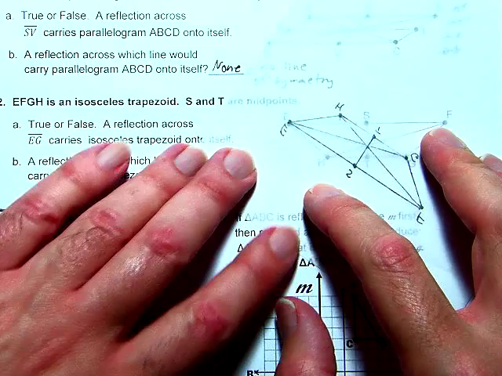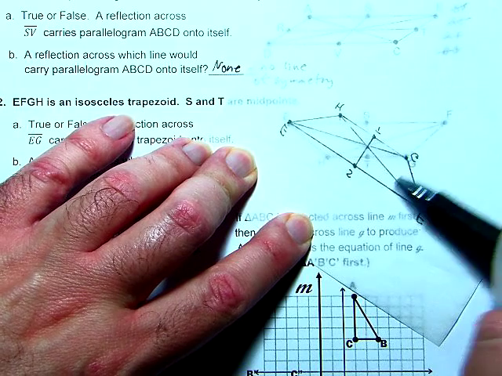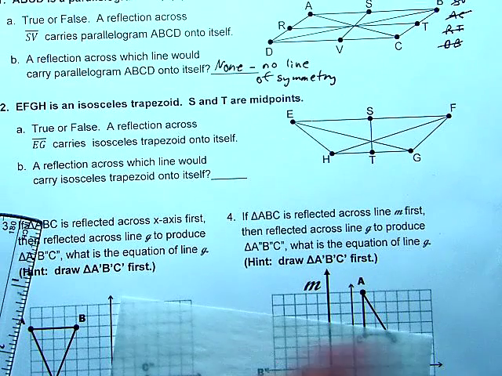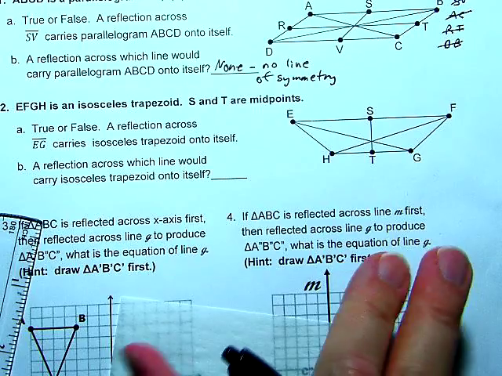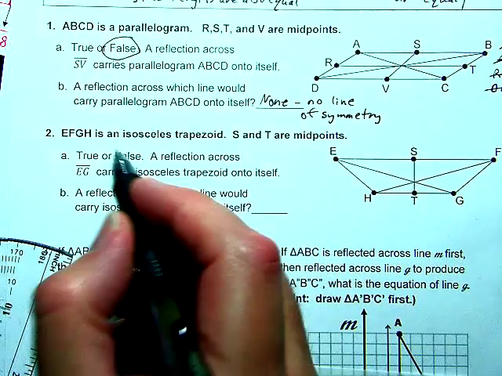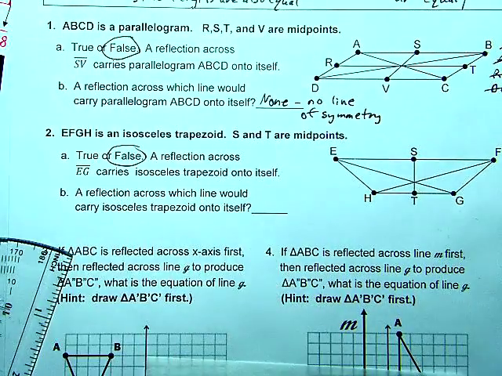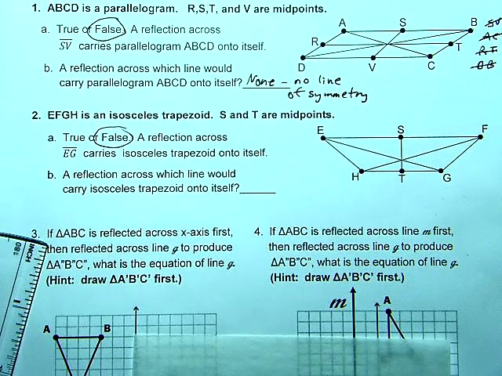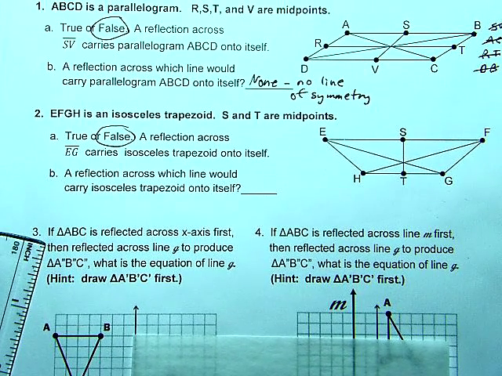Got a piece of trapezoid sticking out on top, and on the bottom, definitely not working. So it's false. This is false. The question is, a reflection across which line would carry the isosceles trapezoid into itself?